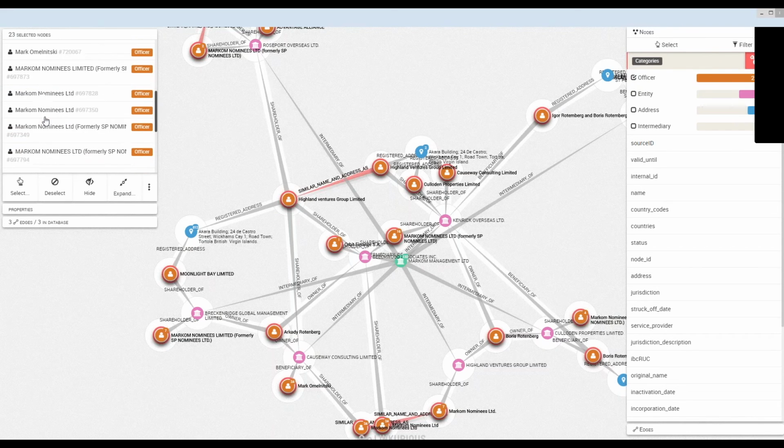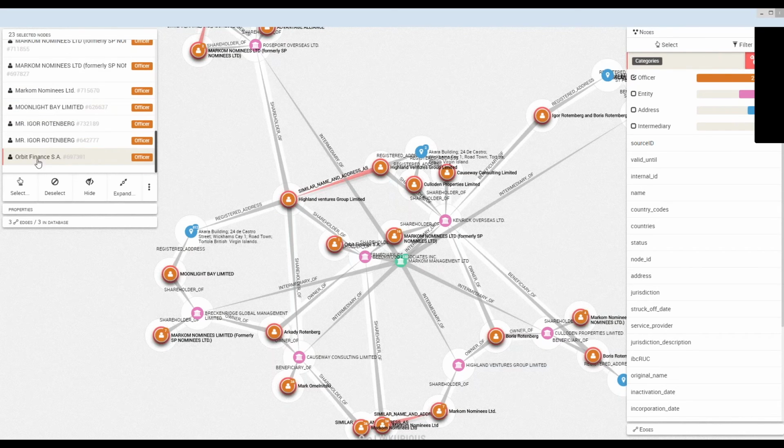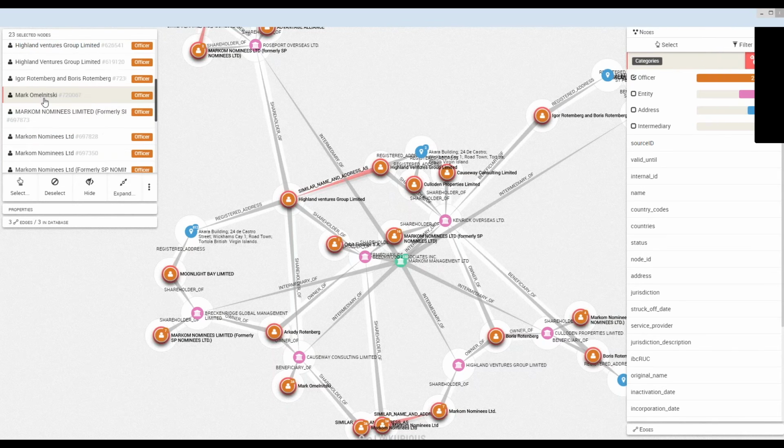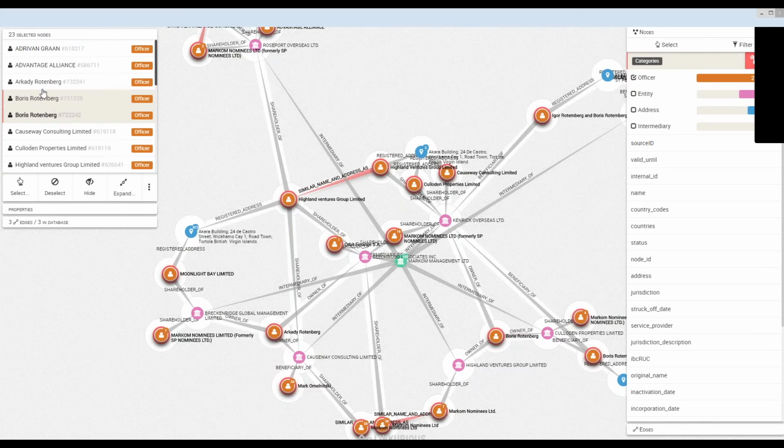So there's a lot of Markov nominees, but there's also some Orbit Finance SA, Mark Omelnitsky, Arkady Rotenberg, Adrian Gran, and all these people could potentially be the subject of further investigation.